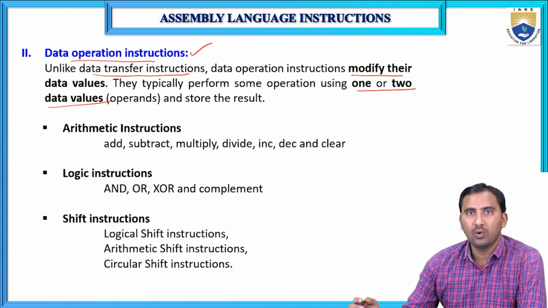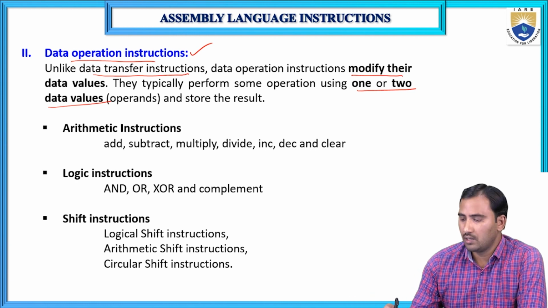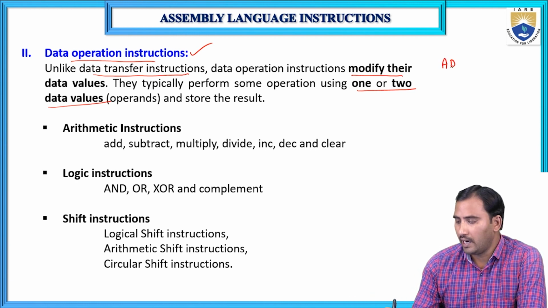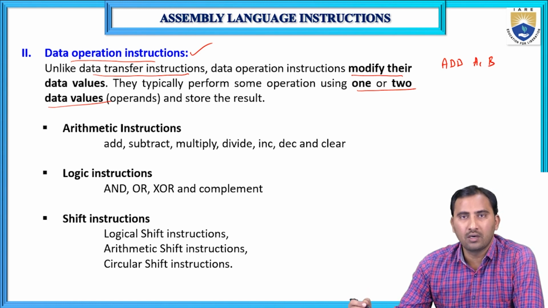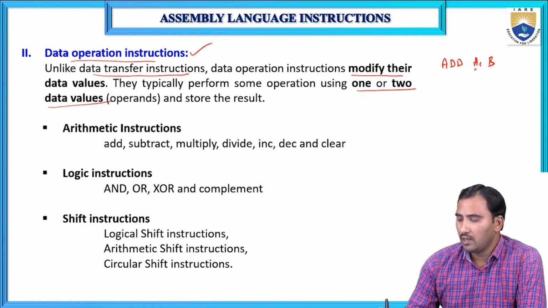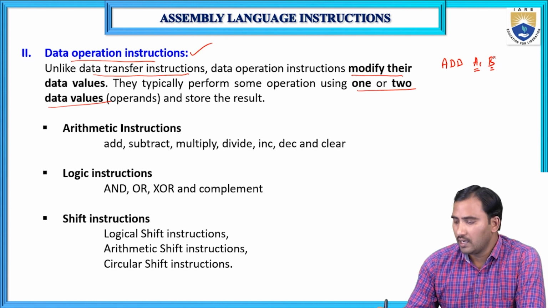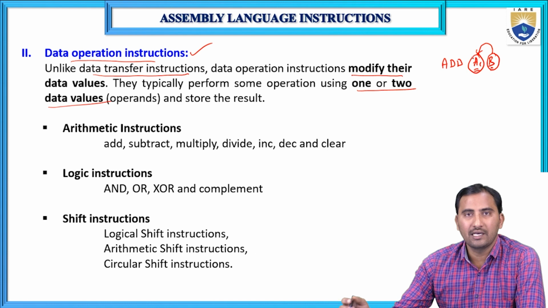Suppose you want to perform the add operation, like ADD A, B. This is one of the assembly language instructions to perform addition. Here we have two registers, A and B. The contents of the B register will be added with the contents of the A register.